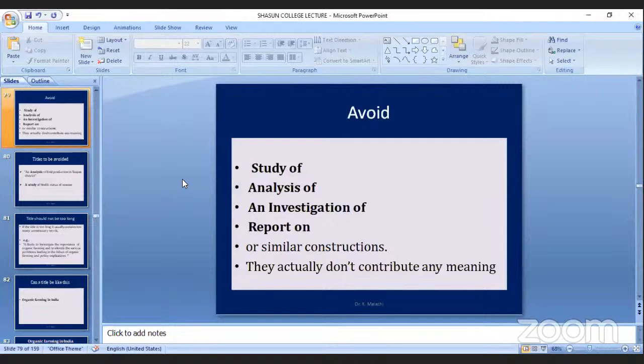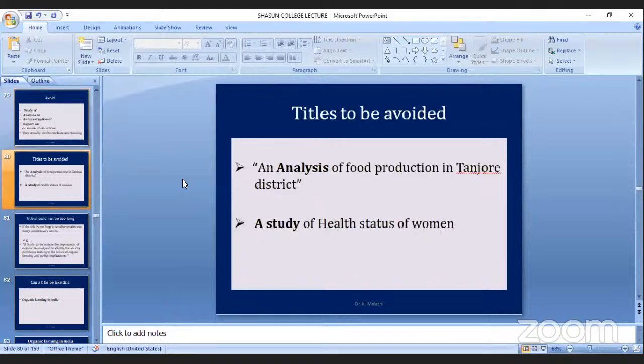When you say "report on" or "investigation," you're not really investigating something. In commerce and economics, we normally don't investigate something. We usually show the impact of something or the effect of something. You have to think about that, rather than giving a title like this.